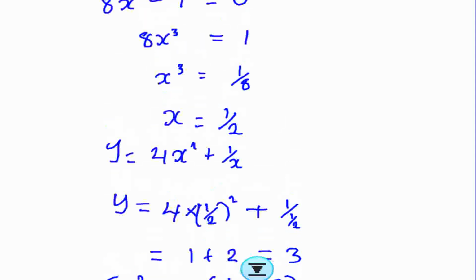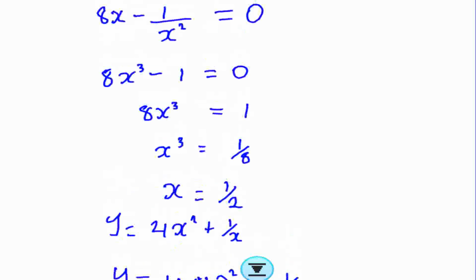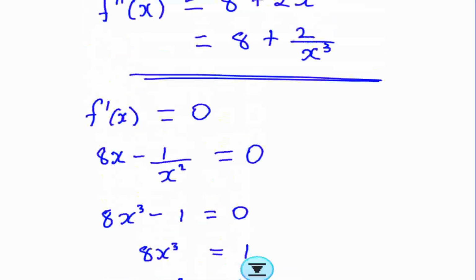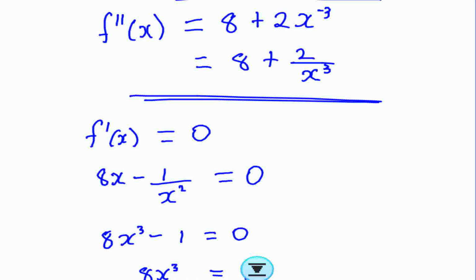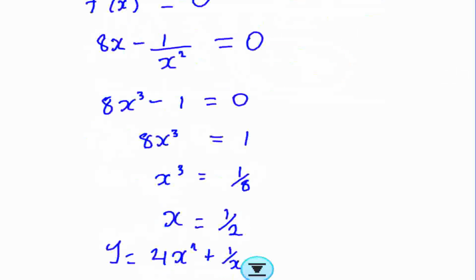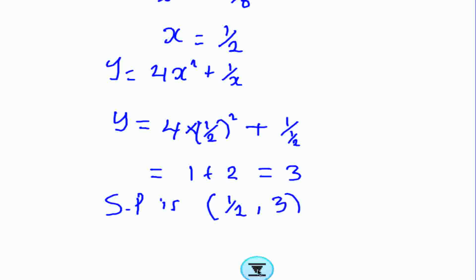And remember, this is our aim in this video. We said you use the second derivative, this one here, to find the nature of the stationary points. Note, if our second derivative is greater than 0, the point is a minimum.